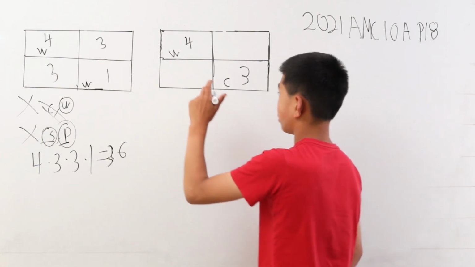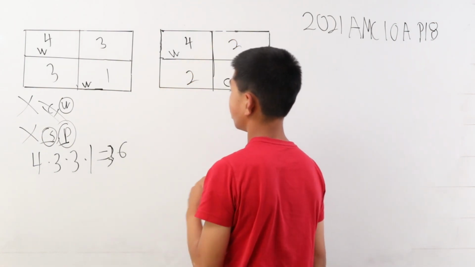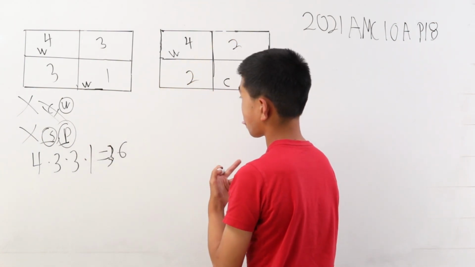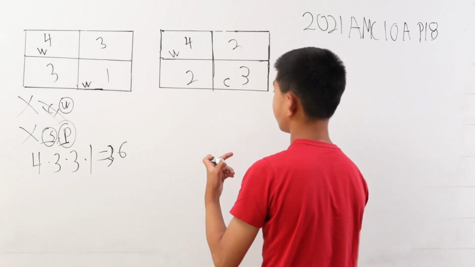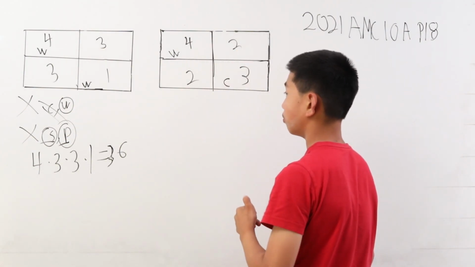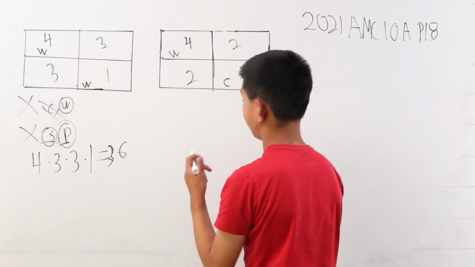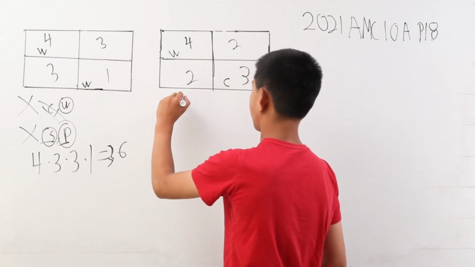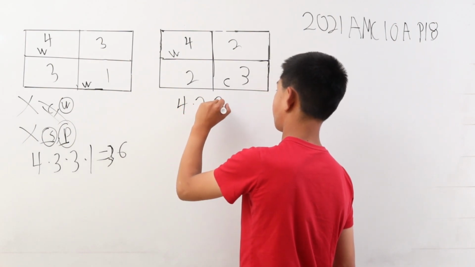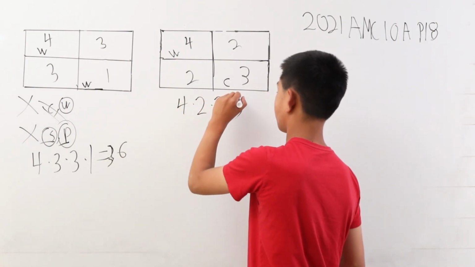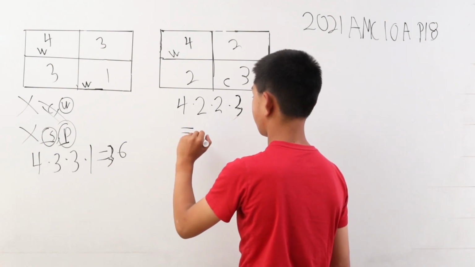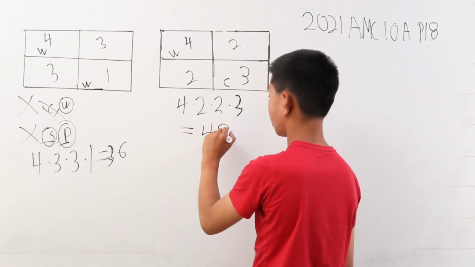That means there's 2 here and 2 here, soybeans and potatoes, because it can't be corn or wheat here. Now we just multiply. 4 times 2 times 2 times 3. This is going to be 48.